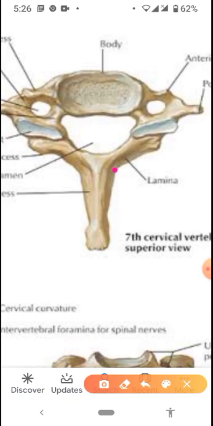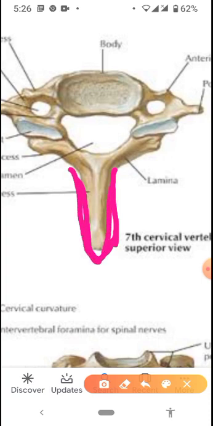You can see that the spinous process is so long. So the important characteristic about the atypical C7 cervical vertebra is that the spinous process is long, plus it is not bifurcated as we see in all the other cervical vertebrae. The spinous process was bifurcated, but here no bifurcation is present. The spinous process is long and no bifurcation is present.